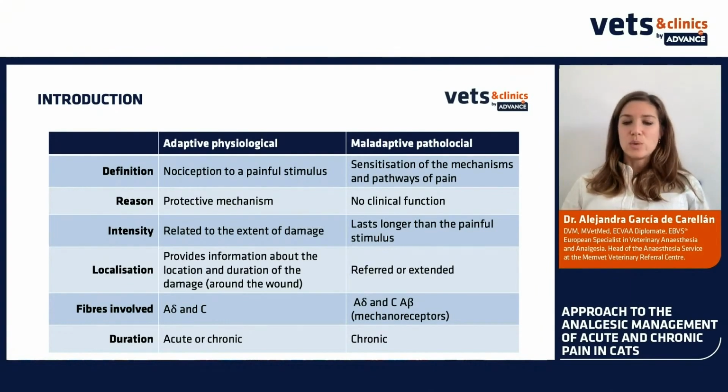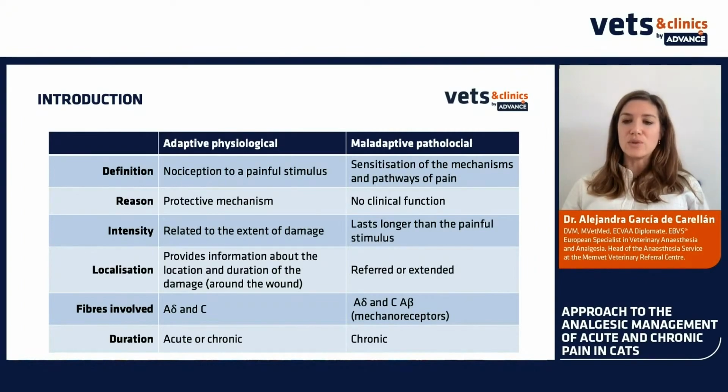So you can see that pain is a physiological and protective mechanism, and when something goes wrong, suddenly you have maladaptive, pathological and chronic pain states. This usually happens when there is damage, for example, in a nerve, or chronic damage in a joint, as in osteoarthritic pain, and other non-physiological problems.